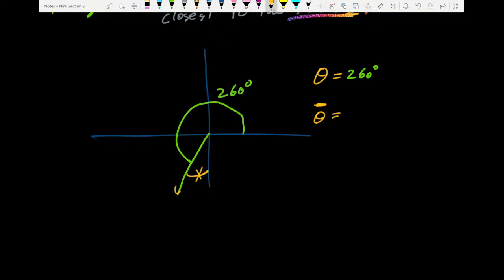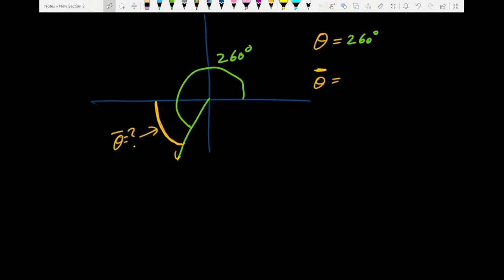No. You have to figure out what's closest to the x-axis, which is this line right over here. What's the measurement of this angle? Well, again, we know this thing is 180, but we don't subtract 180 from 260. Because I want to know this angle and 260 is bigger than that, I have to subtract it the other way.